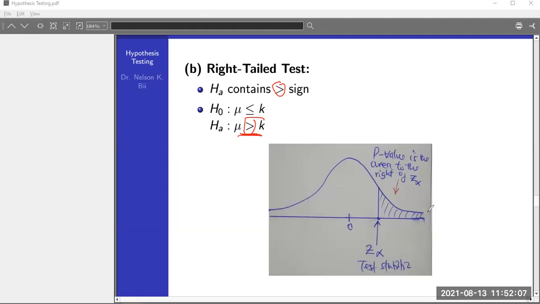Graphically, this is what we mean by the right-tailed test: the area to the right of the test statistic.